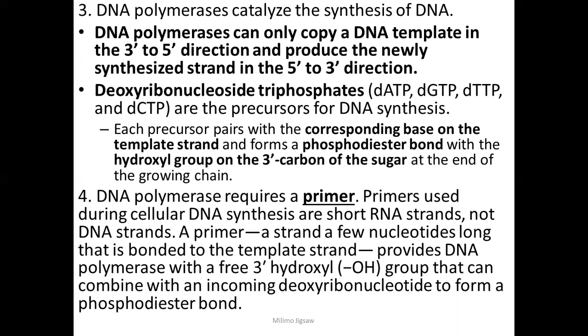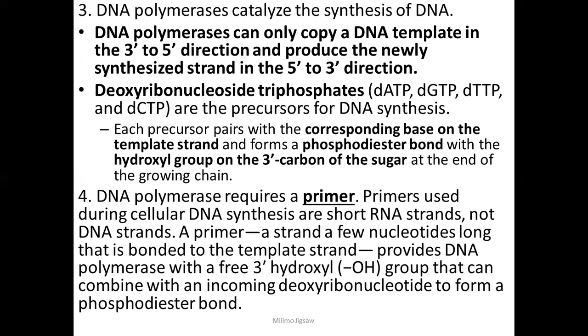Remember, the DNA molecule is double-stranded, and those two strands are antiparallel, which means that they move in two different directions. One strand is moving in the 3' to 5' direction, and the other strand is moving in the 5' to 3' direction.